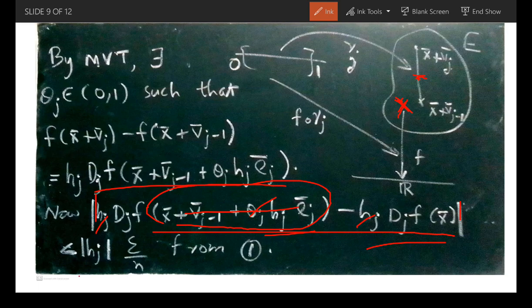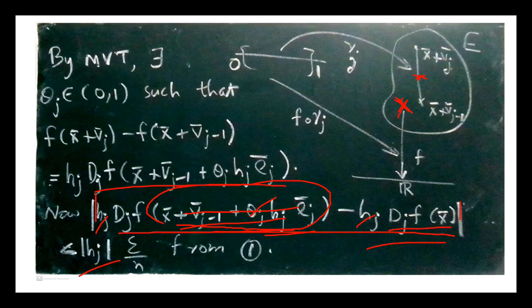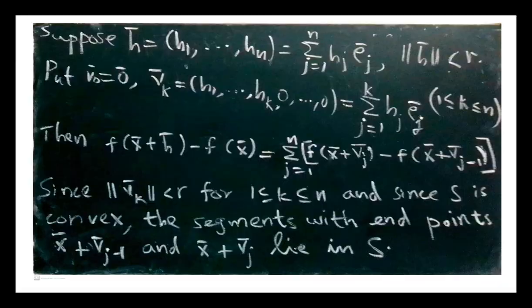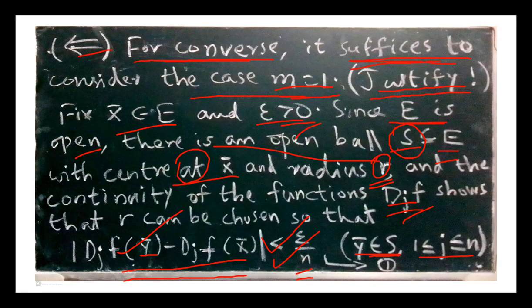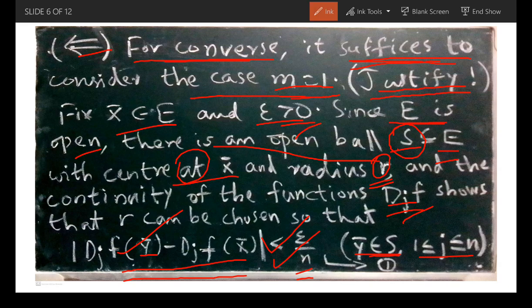So |h_j| comes common, and you have modulus of d_j f at this point minus d_j f at the point x. But in the previous slide, whenever the point y lies within a distance less than r from x, then this distance is less than epsilon by n. Understand? So use that result.